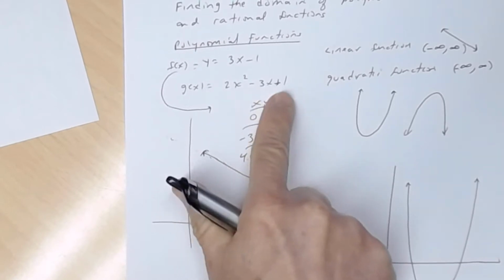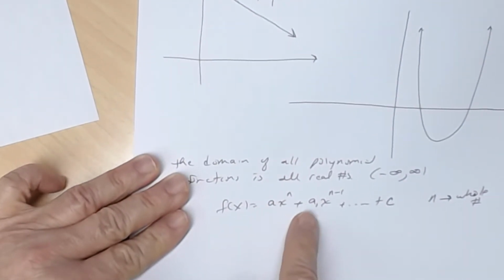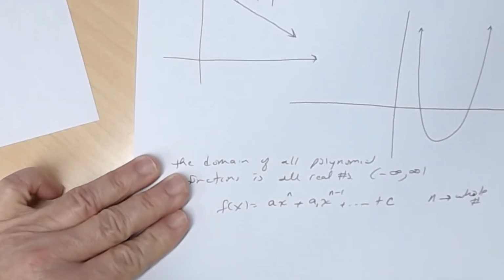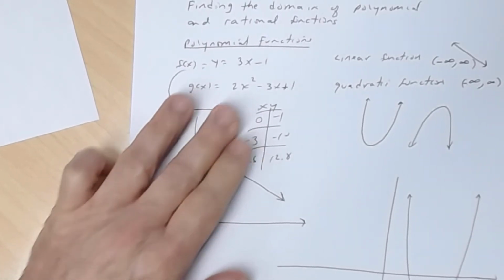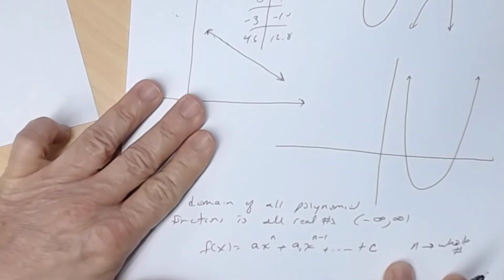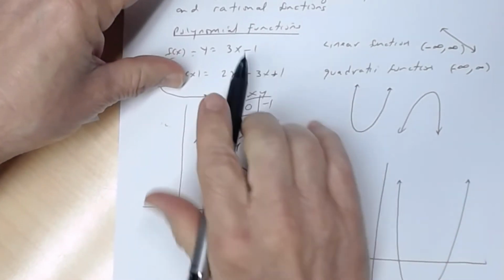So each term looks like this, where your exponent is a whole number, and then you have your constant. So the point is that for all polynomial functions, the domain is all real numbers. All right, now let's talk about what a rational function looks like.